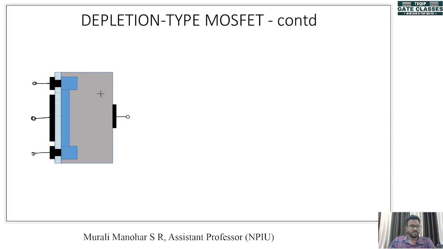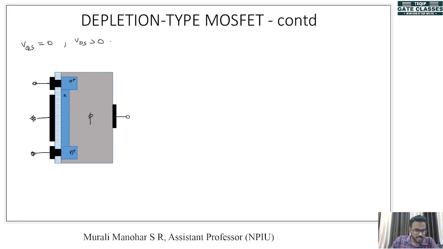Now we have a MOSFET here, N channel MOSFET. So this is N plus, this is also N plus, and this is N. And this is a P-type substrate. Now we will apply one condition here. Our condition is just like JFET, VGS equal to 0. Then we will apply some VDS. Let's say our VDS is greater than 0. So VDS is positive.